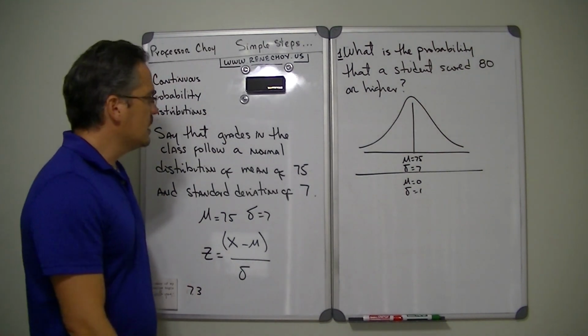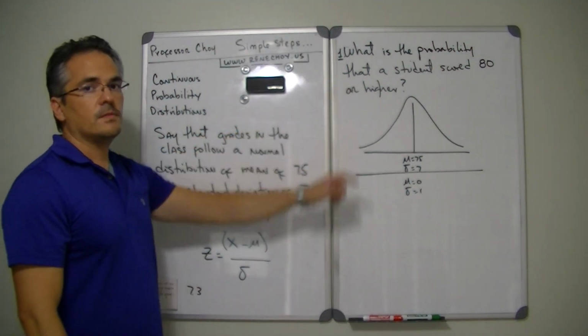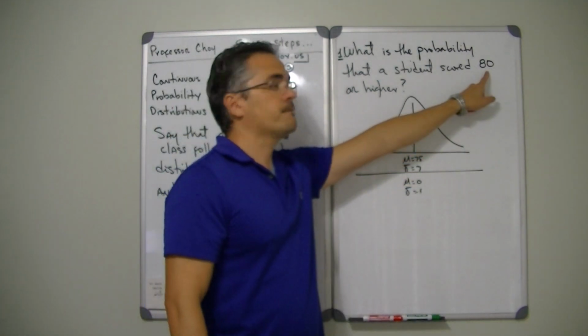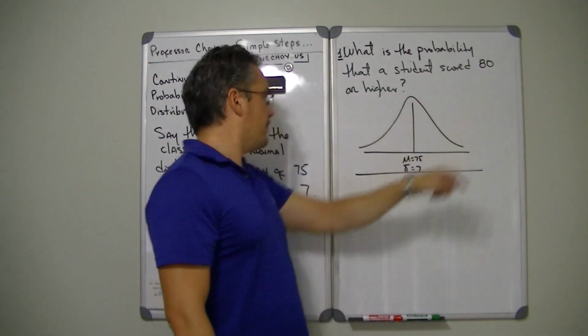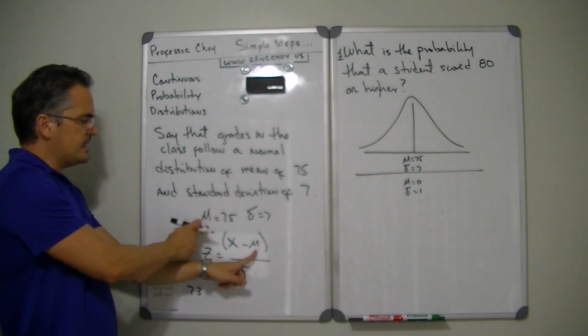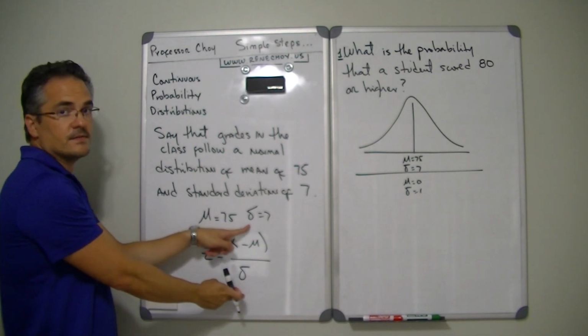Alright, now, in order to solve this problem, the first thing that I need to do is standardize that 80 as well. And that 80 now becomes x in my formula, because the mu is already 75 and the sigma is already 7.